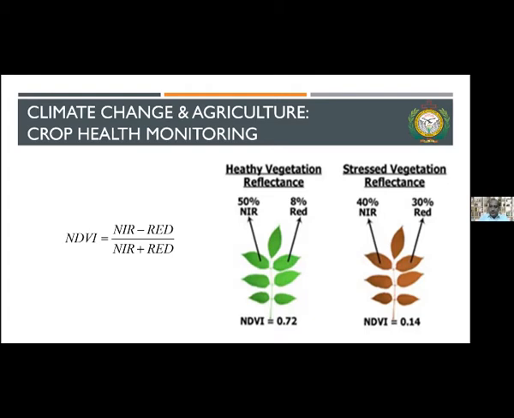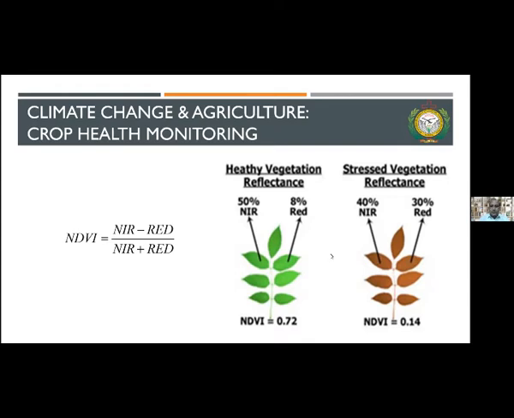So this low NDVI value can be related to low chlorophyll presence. Low chlorophyll during the growing season is a problem. But if it's later in the season when the crop is almost dry and ready to be harvested, then it's fine. So it gives you an idea of the health of the crop.